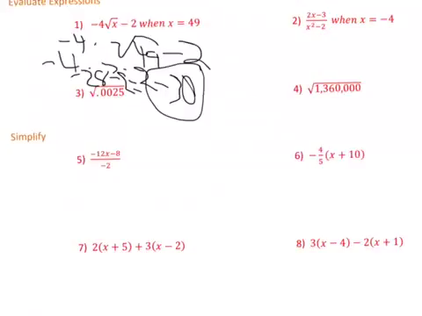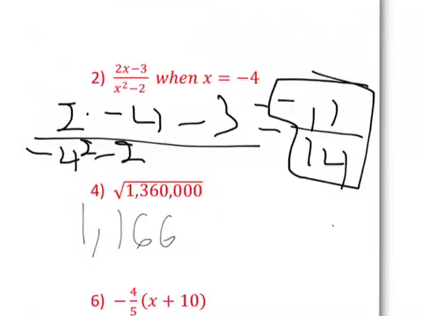Negative 4 times x squared minus 2 when x equals 49. So you do 49 squared, and then you times that by 4 minus 2, and you get 30. For number 2, you change the problem to 2 times negative 4 minus 3 over negative 4 squared minus 2.